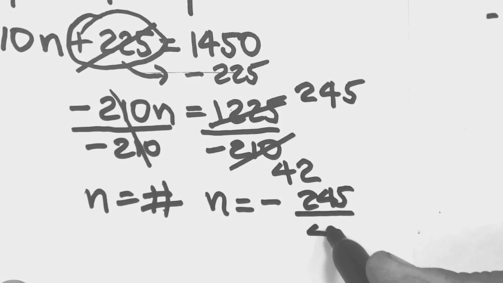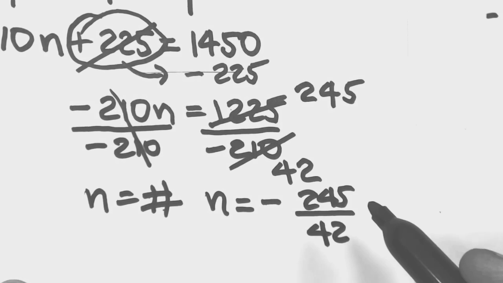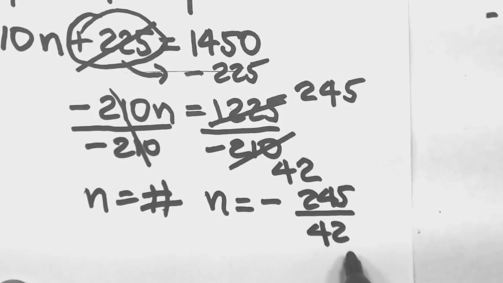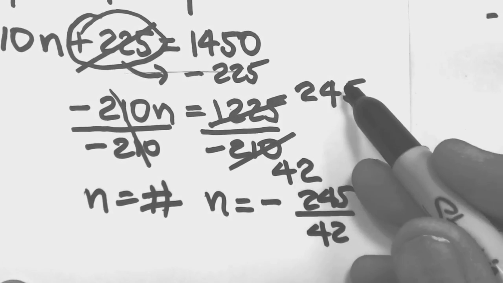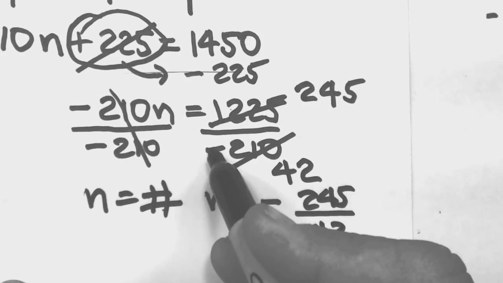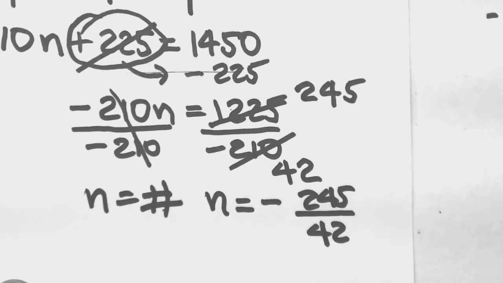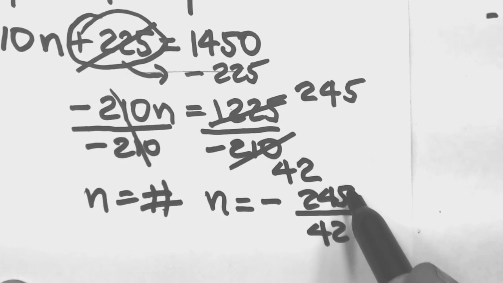245 over 42. Okay, these are the numbers I got when I reduced this guy up here, and of course there was a single minus sign. Well, let's see if there's anything else. 5 won't go into 42, and of course the 2's won't go because the 245 is odd.